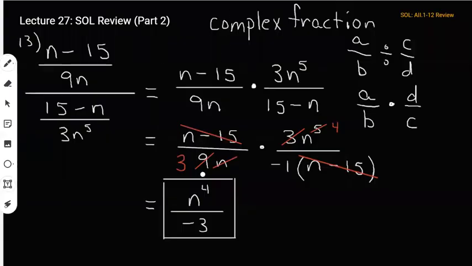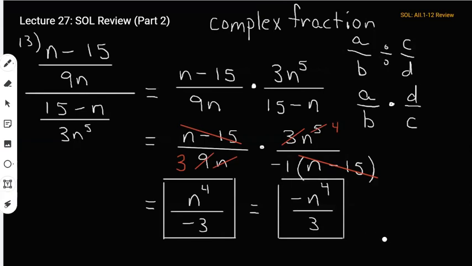So what you could do is you could rewrite this, but have the negative on top instead of on the bottom. And that would be the same answer. So I could write it like this too. So that would be A.